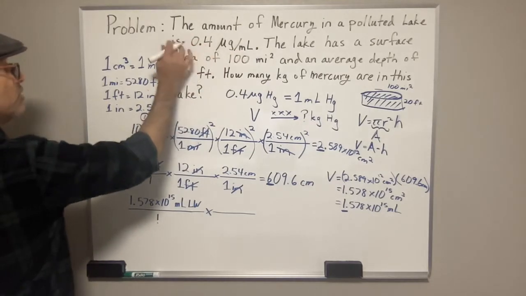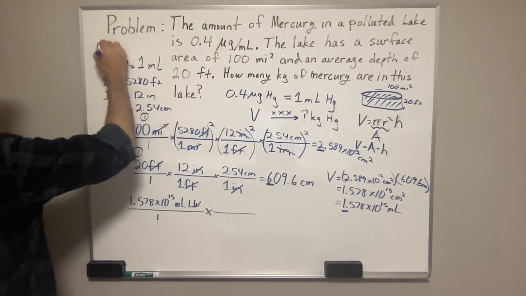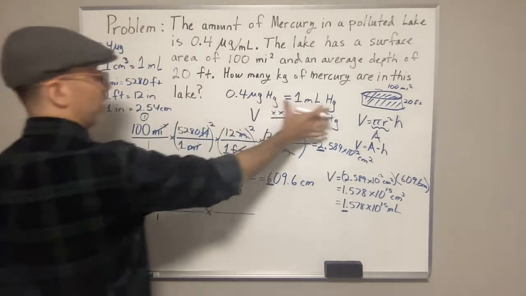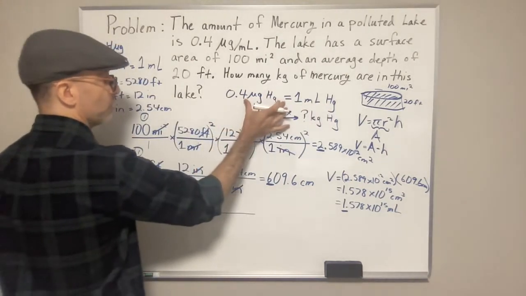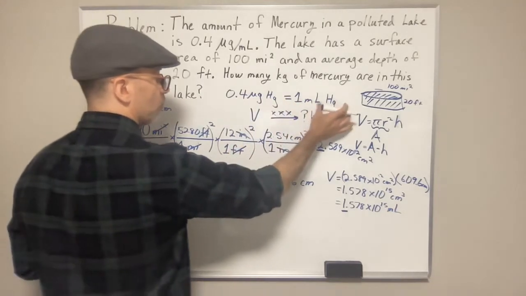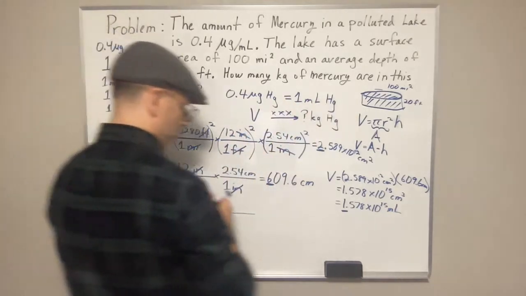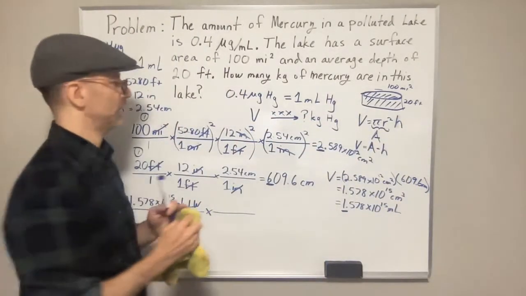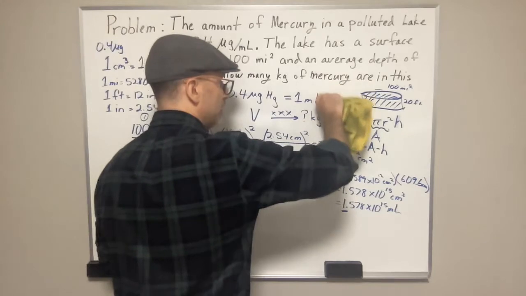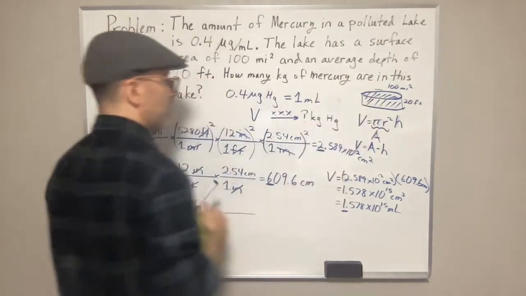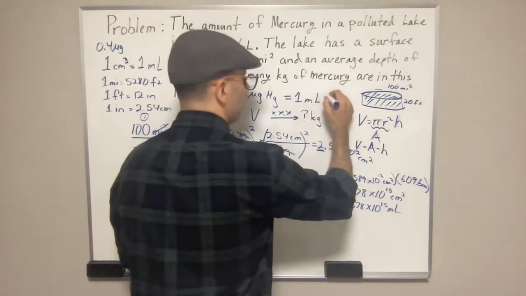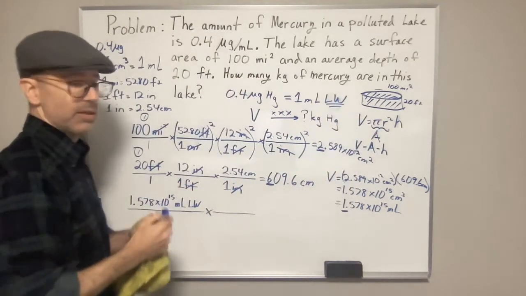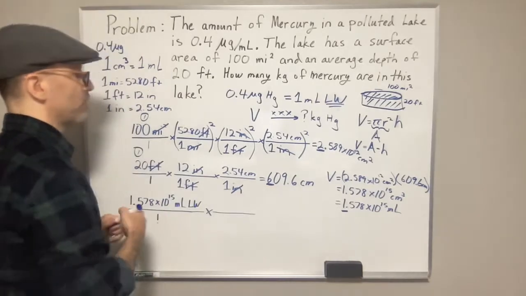So 0.4 micrograms of mercury is equal to 1 milliliter of mercury, or I should say that's not mercury. I made a mistake. It's a minor mistake. This would be milliliters of lake water, not mercury. My bad.